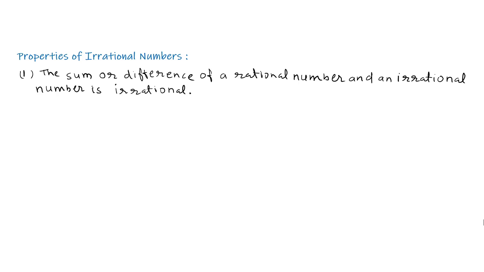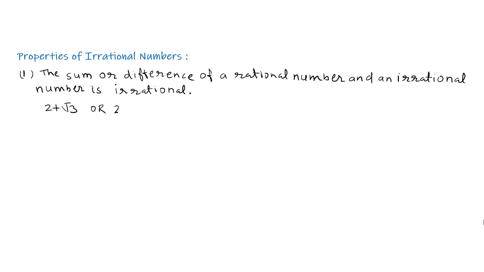Property 1. The sum or difference of a rational number and an irrational number is irrational, and we give the example 2 plus root 3. 2 is rational number and root 3 is irrational number, and 2 plus root 3 is irrational.